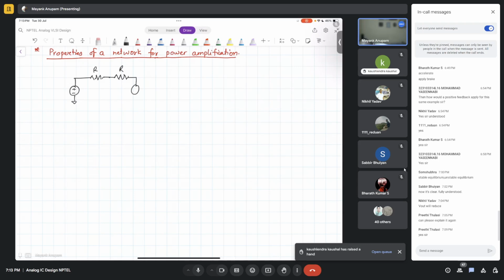And let's call this another voltage, V1, V2. Let's say V1 is given by sine of omega 1t. Okay, let's say V2 is given by sine of omega 2t.